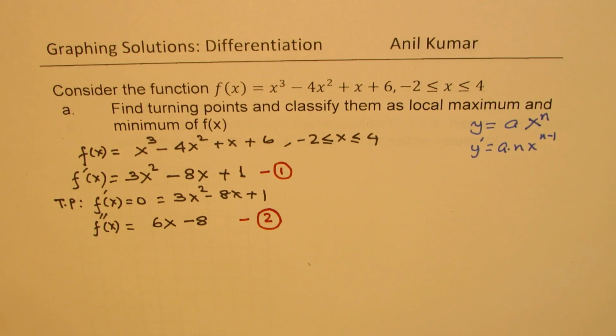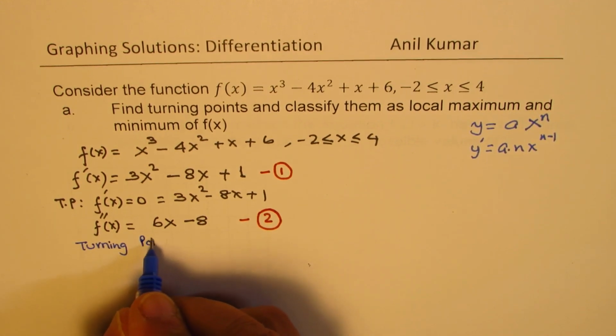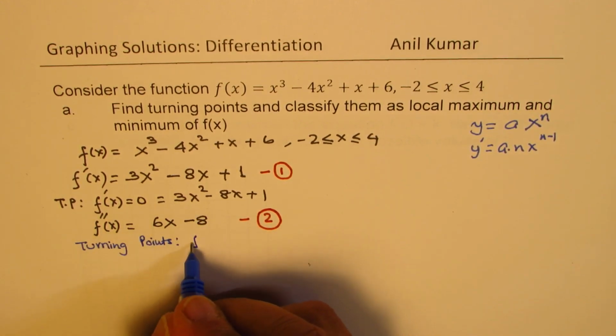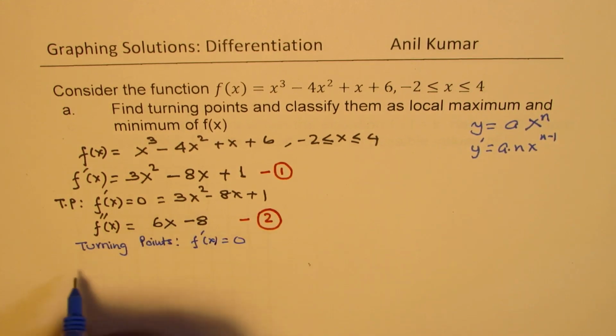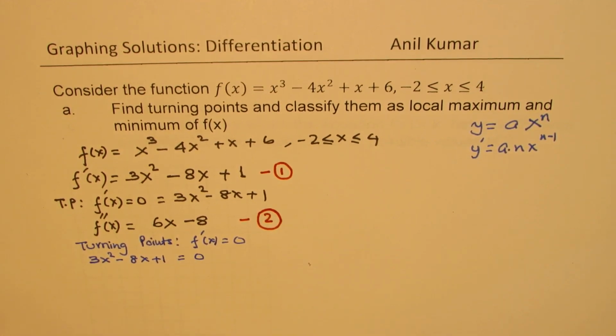Now, we'll consider turning points. As I was saying, the first derivative should be equal to 0. So that means we have 3x squared minus 8x plus 1 equals 0. Now we should use the quadratic formula to figure out the zeros. If you write a general equation, ax squared plus bx plus c, then x is minus b plus minus square root of b squared minus 4ac, over 2a.